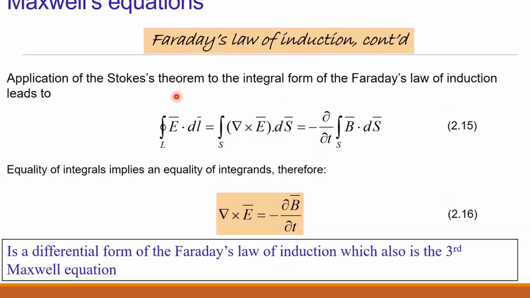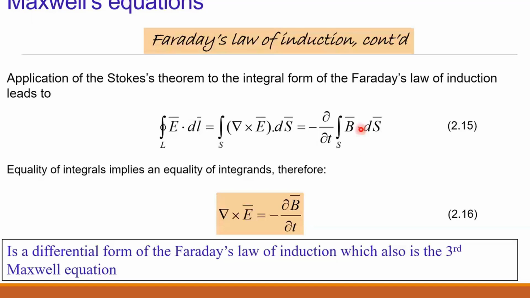And what is the next equation? If I apply Stokes theorem, when do we apply it? When line integration has to be converted to surface integration. So we can convert this line integration of E into surface integration.